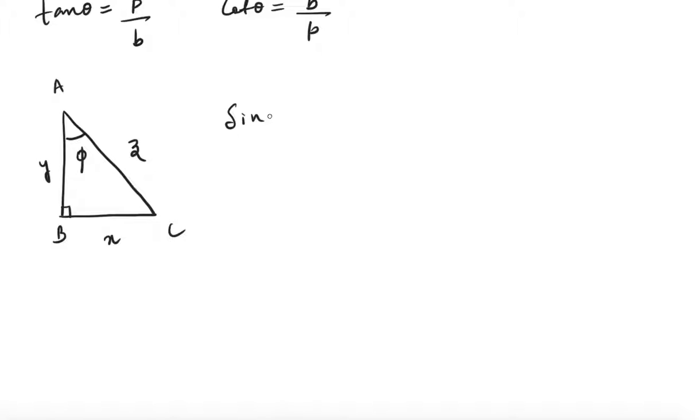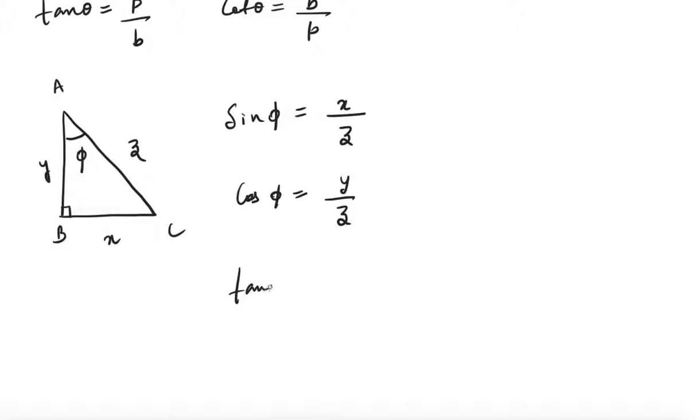If I want sine of phi, I know that it is the ratio between perpendicular and hypotenuse. In this case, the perpendicular with respect to phi is x, hypotenuse remains the same, z. So the value of sine phi is nothing but the ratio of x by z. Similarly, cos of phi, base by hypotenuse, in this case the base is y, hypotenuse is z, so y by z.